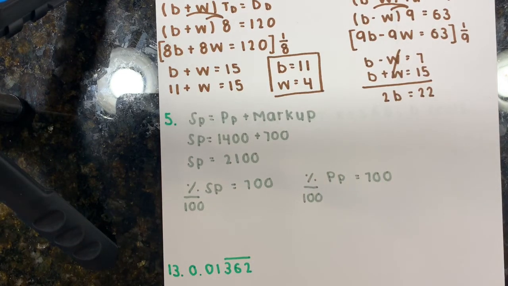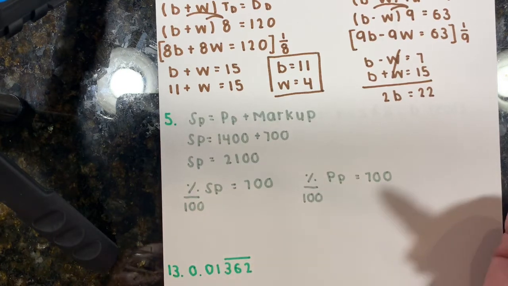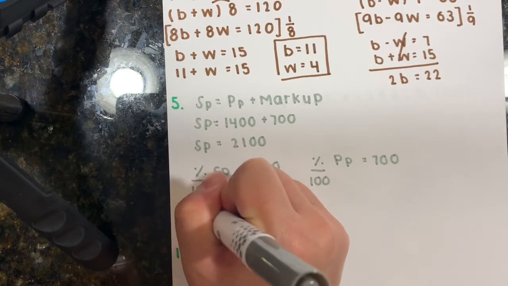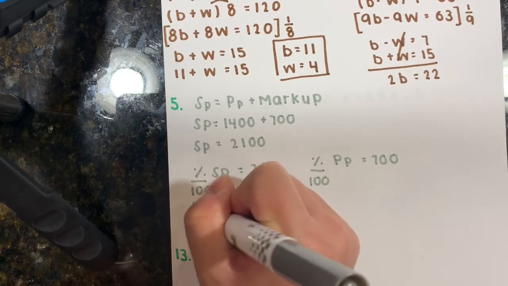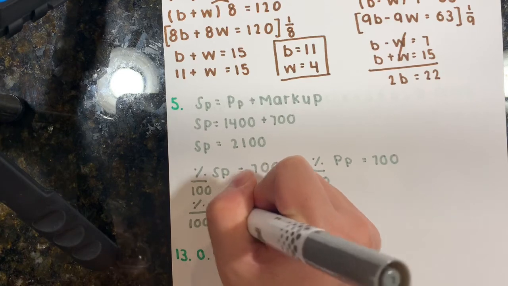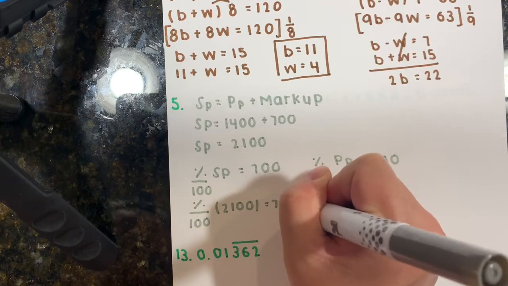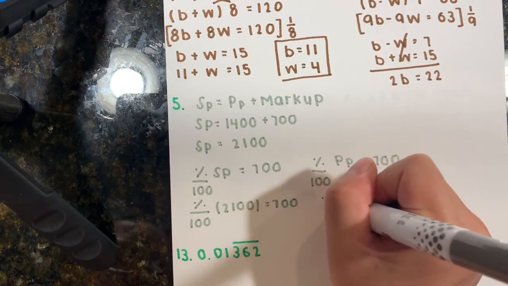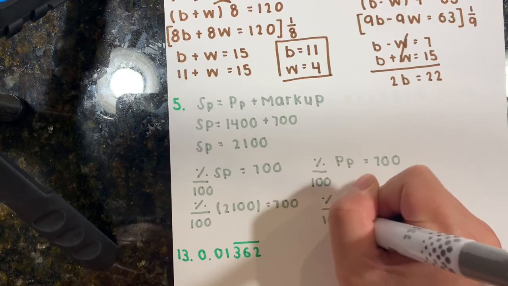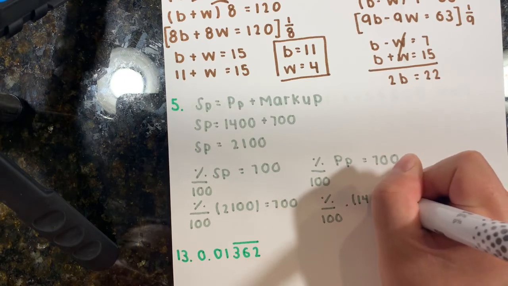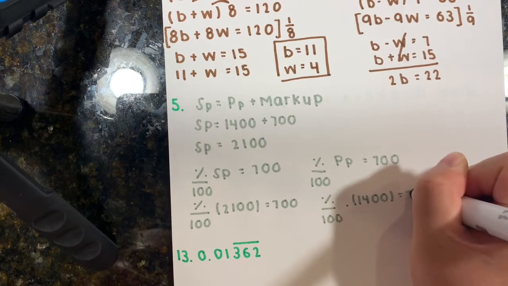So now what I'm going to do is I know what the selling price is and I know what the purchase price is. So I'm going to fill that in. So that would be percent over 100 times 2,100 equals 700. And this would be percent over 100 times 1,400 equals 700.